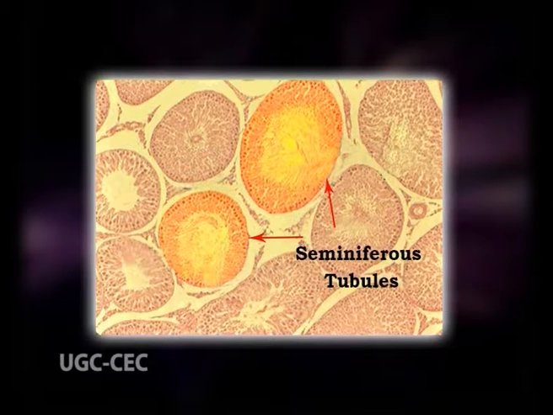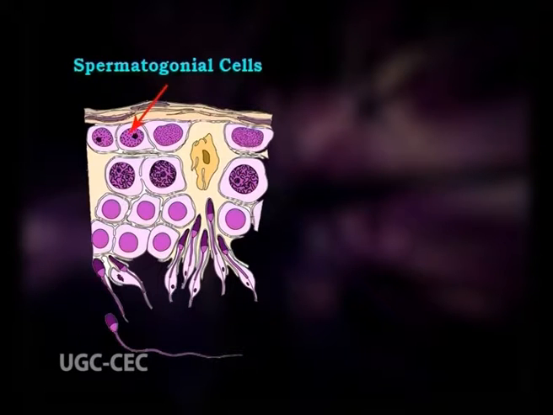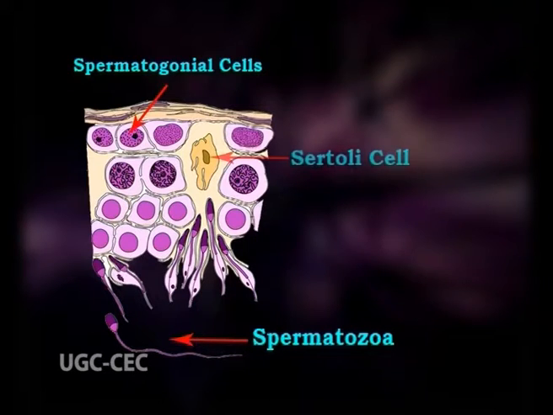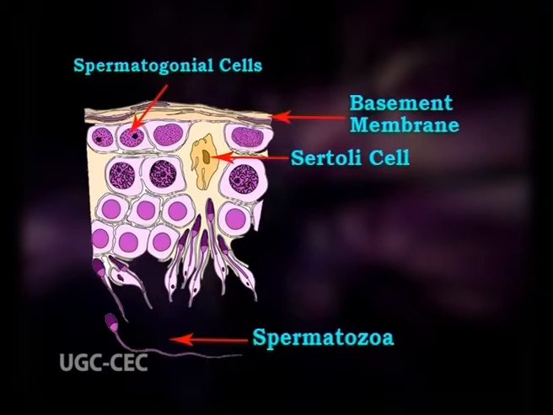Seminiferous tubules are lined with specialized stratified epithelium called the germinal epithelium. They consist of two types of cells, the spermatogenic cells that give rise to the spermatozoa, and Sertoli cells. Sertoli cells rest on the basement membrane of the seminiferous tubules and give nourishment to the spermatogenic cells, in addition to secreting other proteins and hormones.